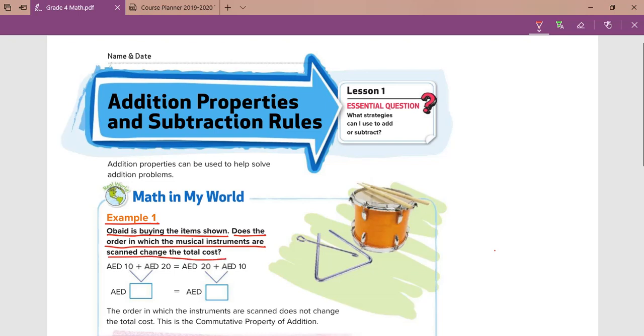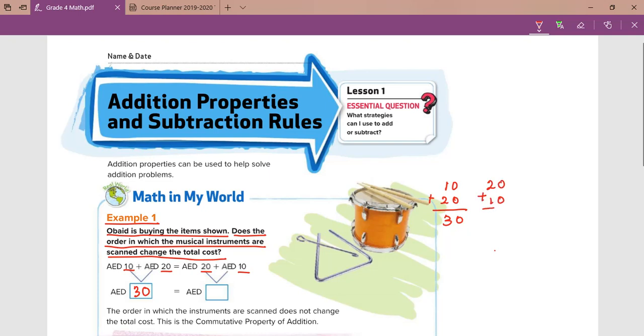So let's see. So we have 10 plus 20. Of course, 10 plus 20 is going to give you 30. So we write 30 here. In the second one, we have 20 plus 10. So the order was changed. 20 and 10.